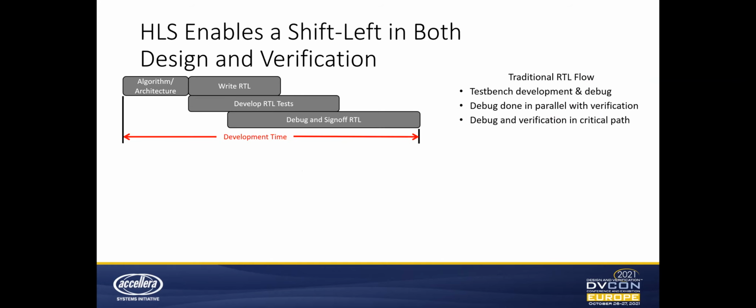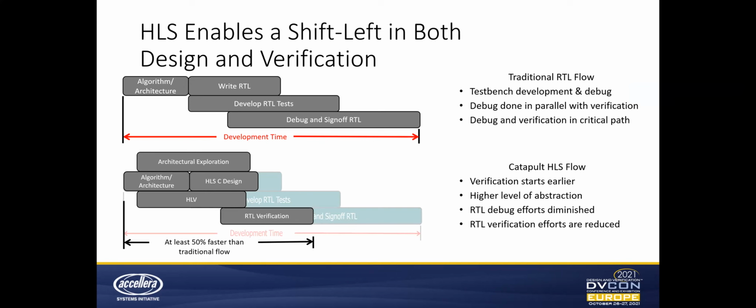So here we show a traditional RTL design and verification flow. It begins with architecture and algorithm development, only after which can design teams start putting together RTL blocks, and verification teams can begin developing test benches and writing tests. Once the RTL has reached a certain level of maturity, RTL verification and debug begins in earnest, ultimately resulting in design sign-off.